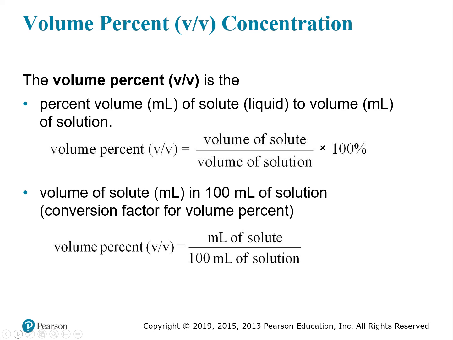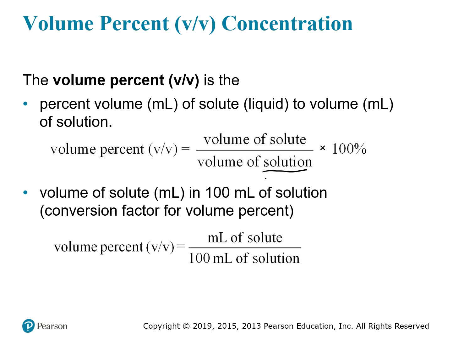There are a couple of other ways that we can calculate concentration that are very similar in concept. We've got volume percent, which is where we have the solute as a liquid and the solvent is a liquid. So the volume of the solute goes on top. The volume of the whole solution goes on the bottom. And then you multiply by 100%.